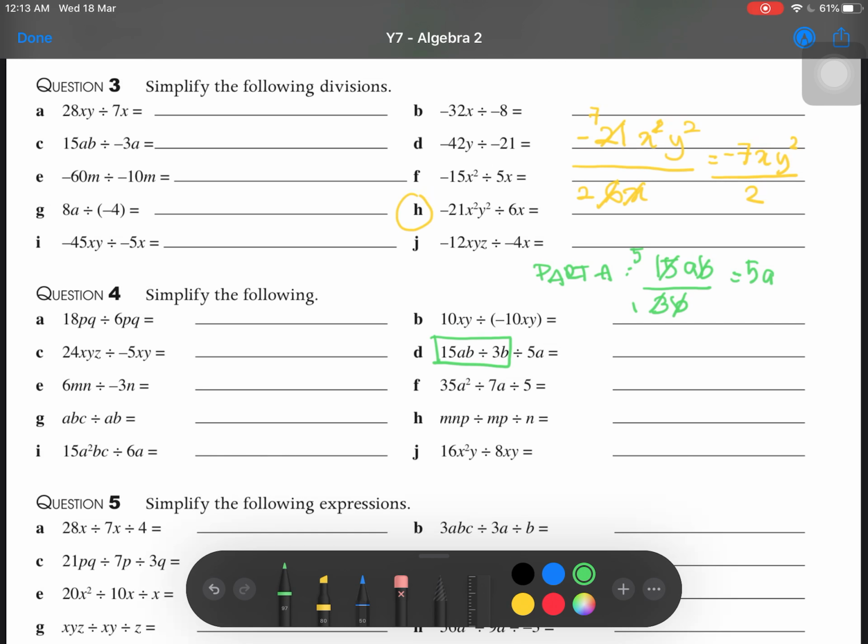Now, the answer for this, you will include it in part B. That means now you take this and you put it as your numerator, and you now further divide it with 5A. So this will give you 1.